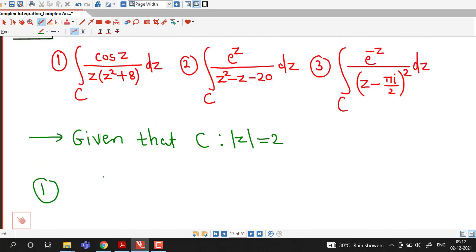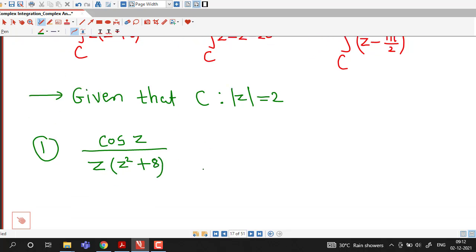In the first part, our function is cos z over z times (z square plus 8). We know that this function is a division of two analytic functions. Cos z is analytic everywhere, and z times (z square plus 8) is also analytic everywhere because it is a polynomial.